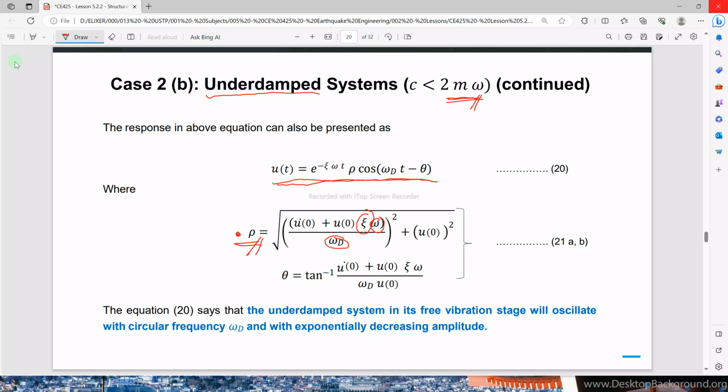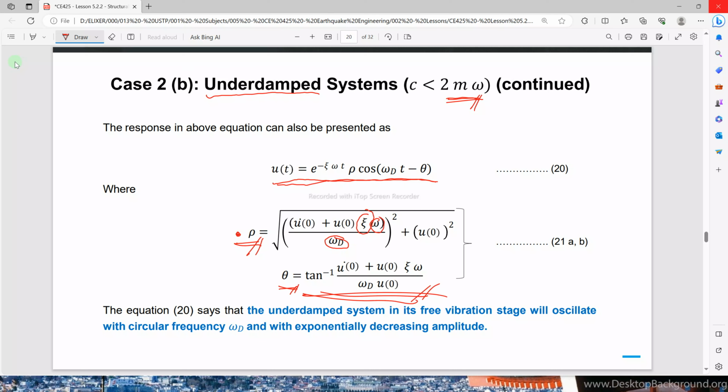Actually we can derive that one, but it would take a long time, so we just show the summary. The solution for the amplitude is different. And then our tangent angle is this one for the underdamped system.